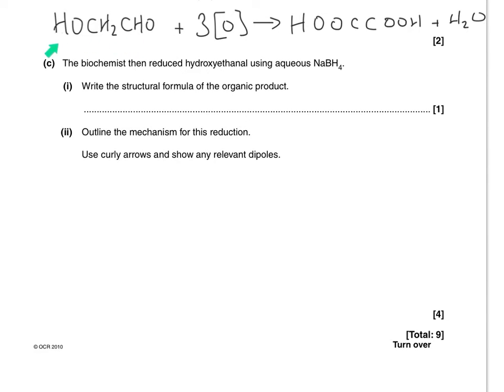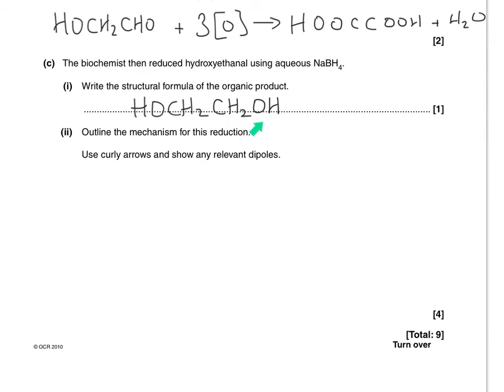Can't reduce this part, but we can reduce the aldehyde part. And aldehydes get reduced to primary alcohols. So we're going to end up with this molecule here where we've got primary alcohol on the left, which hasn't been affected with the reducing agent, but the reduction of the aldehyde group has created a primary alcohol group on the right as well.